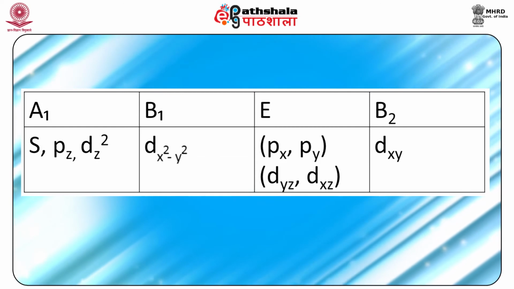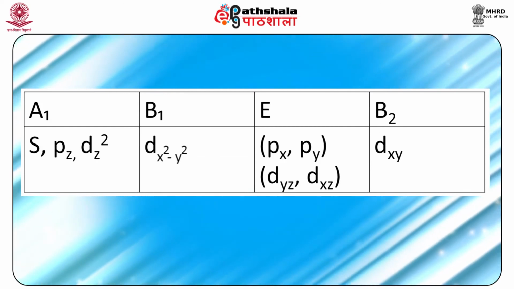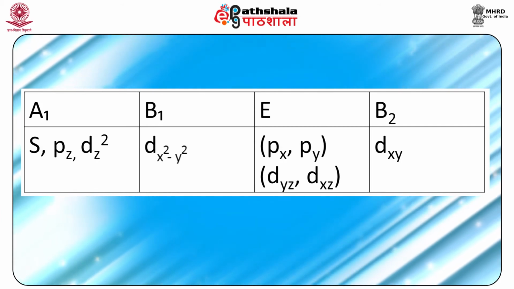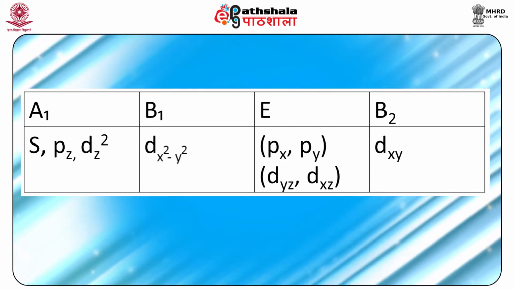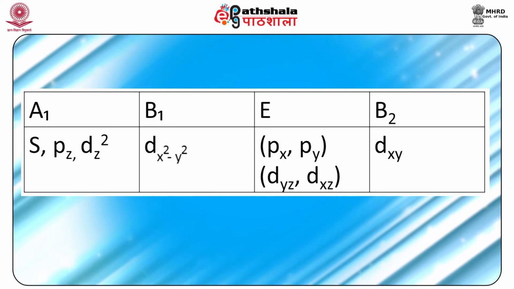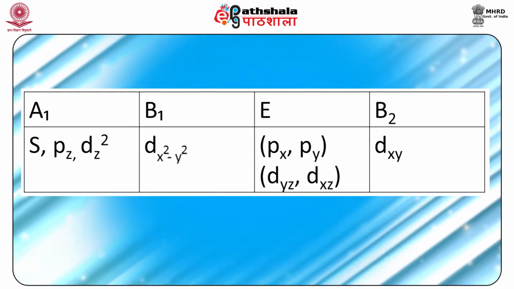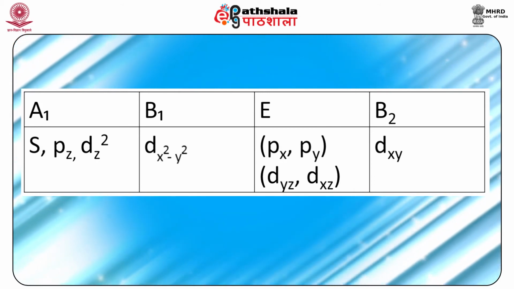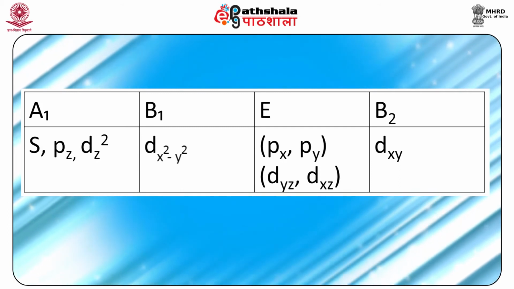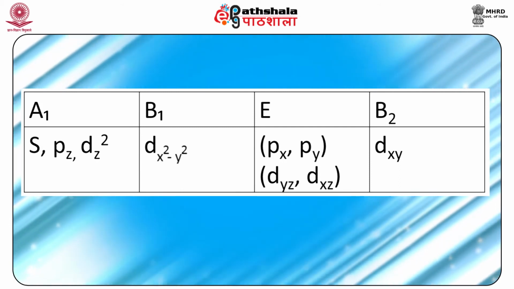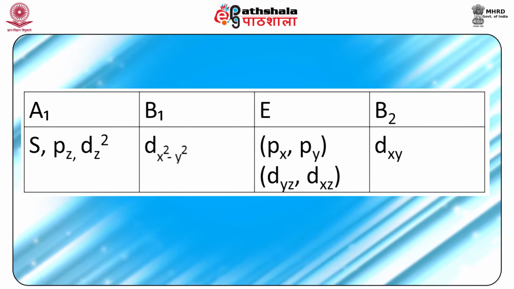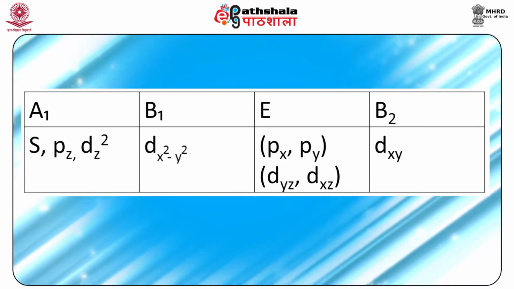For E symmetry we have px, py, dyz and dxz. For B2 it is dxy.